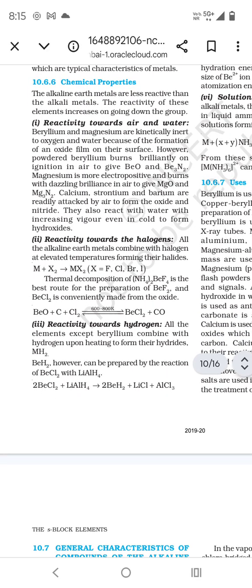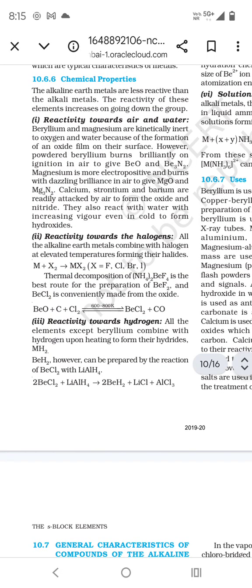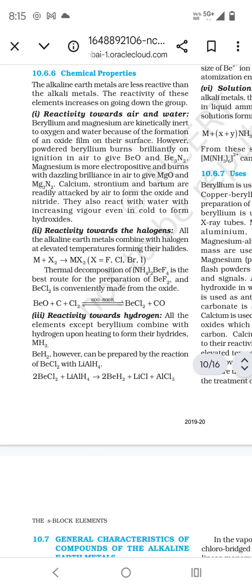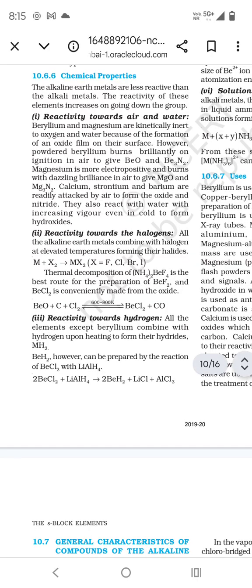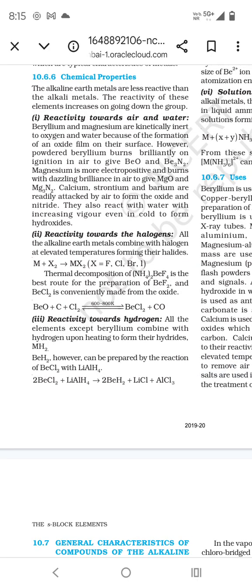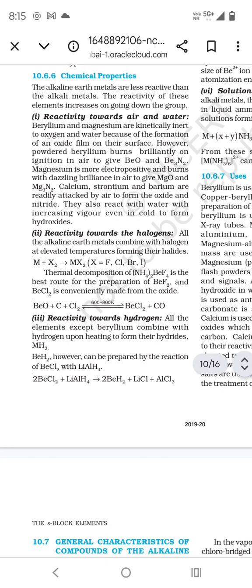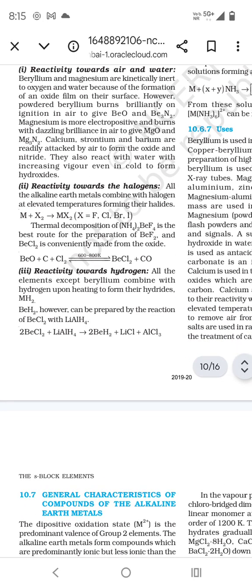Reactivity towards air and water. Beryllium and magnesium are kinetically inert to oxygen and water because of the formation of an oxide film on their surface. However, powdered beryllium burns brilliantly on ignition in air to give BeO and Be3N2.